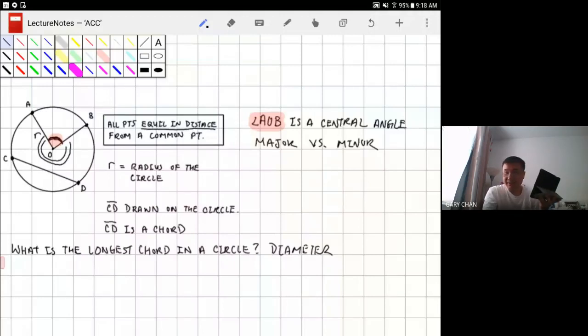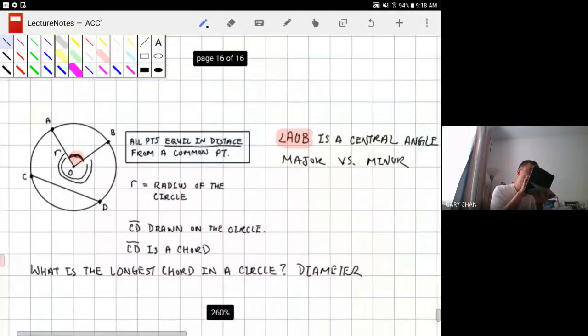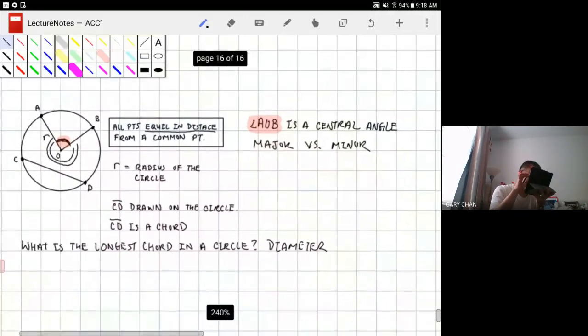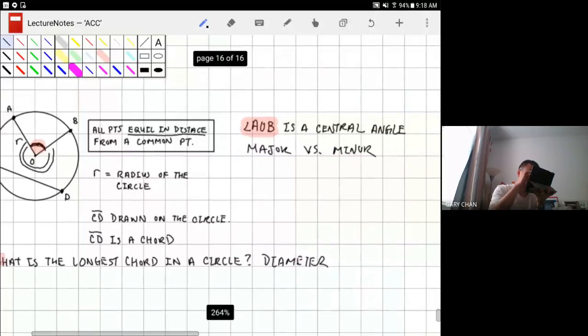The writer of the problem should specify which angle they are referring to. If it's not clear, then you should raise the question as to whether the intention is major or minor. Then we can talk about something called an arc measure.